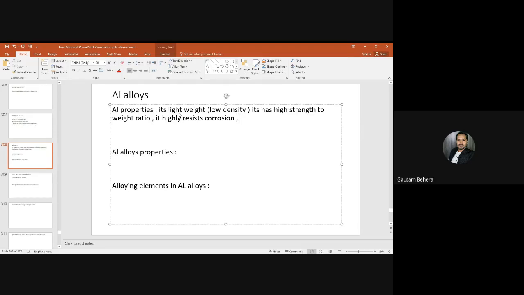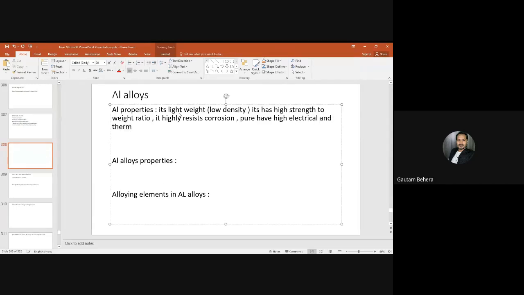And pure aluminum has high electrical and thermal conductivity. High electrical conductivity means it is used to make electrical conductors.